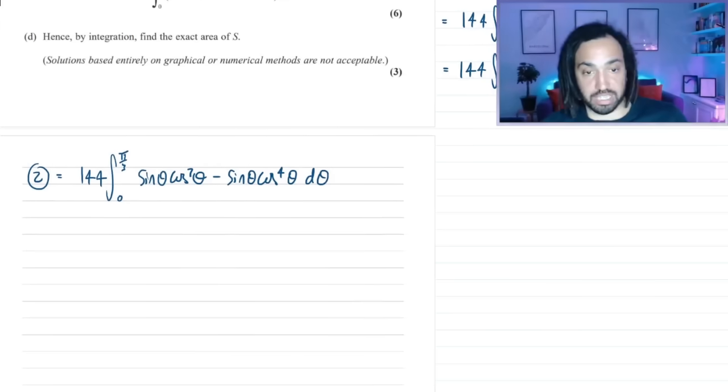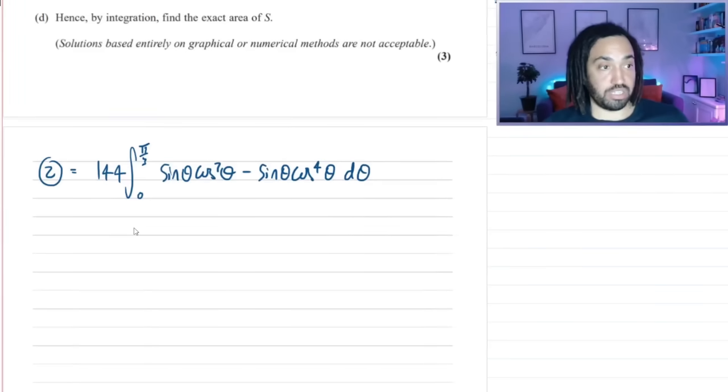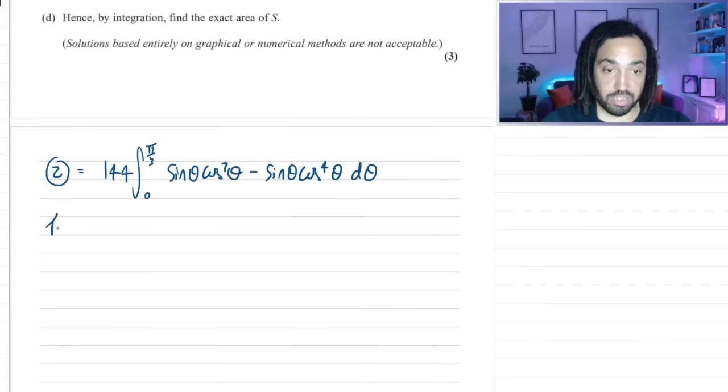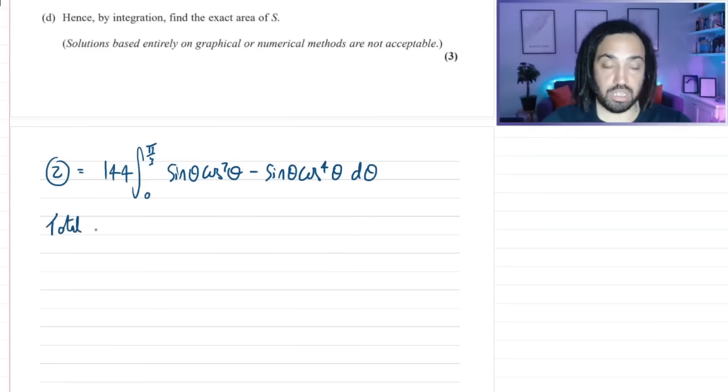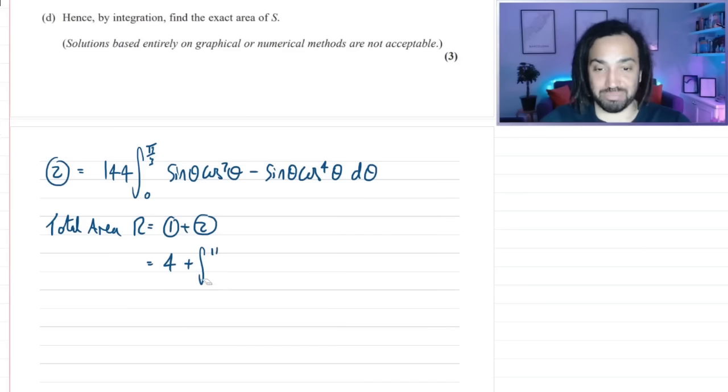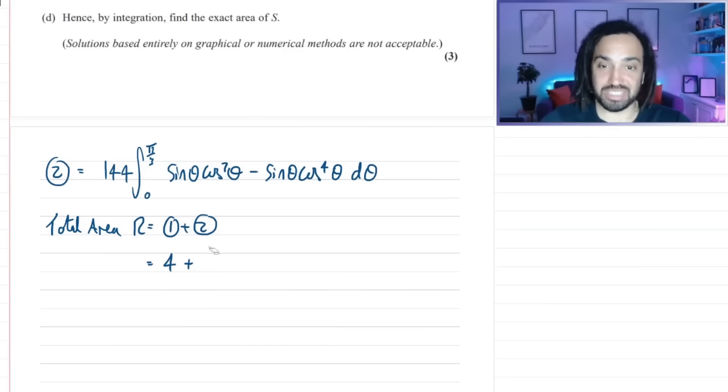Perfect. Okay, so now what we can do is we can just say that the total area of region R is going to be 1 plus 2. We said 1 was 4, and then 2 is this integral, and I always forget to put the constant outside the integral.